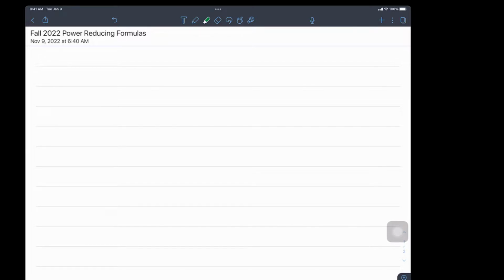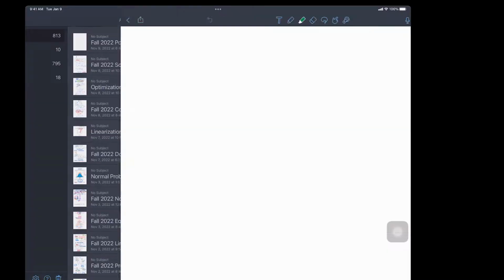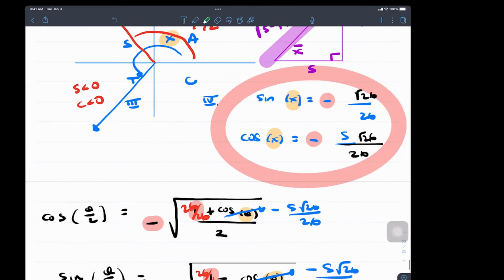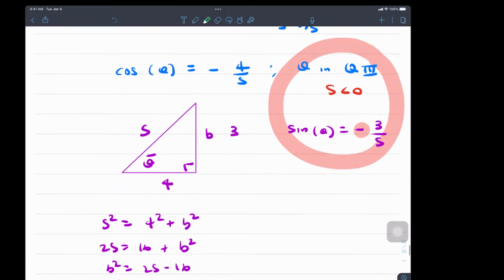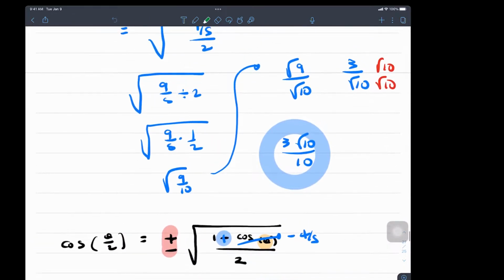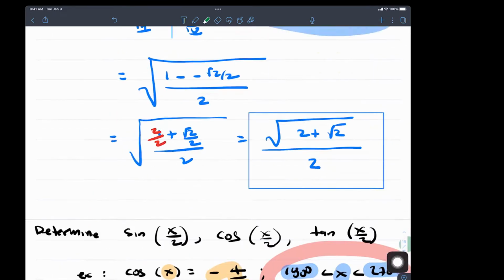So ladies and gentlemen, we've got a very important topic called power reducing formulas, right? This was brought to my attention, and I'm glad, because I don't want to forget it. Let's go back to where they came from. We did derive those formulas, I think all the way in the beginning.